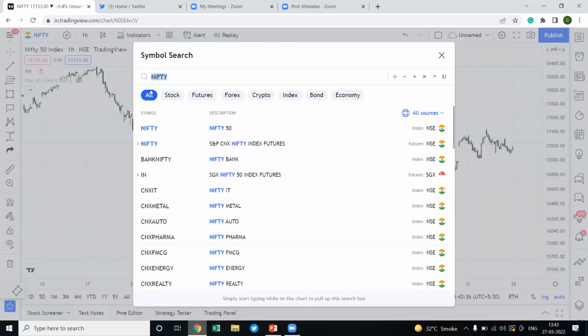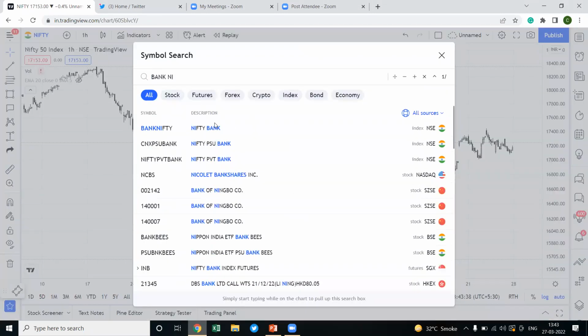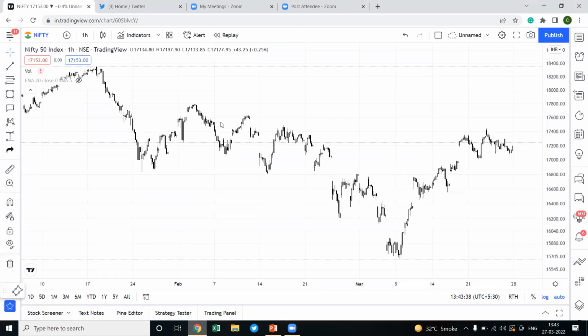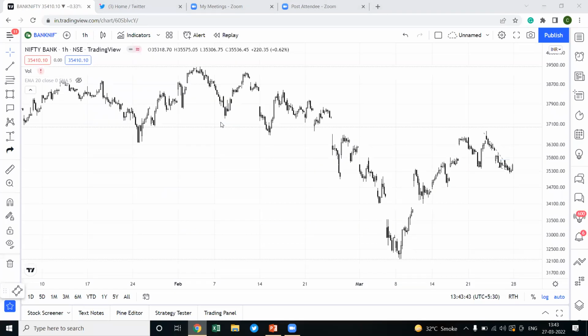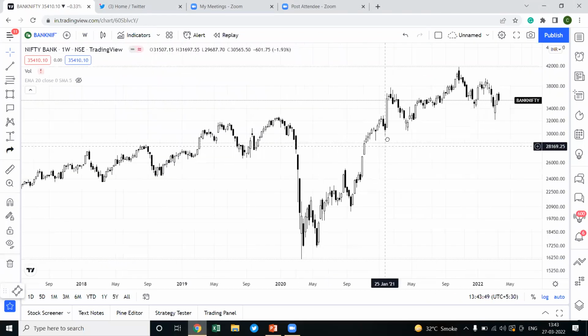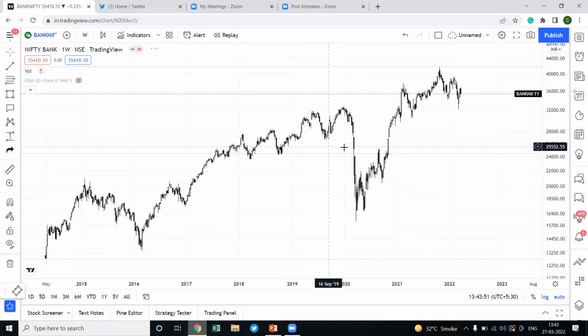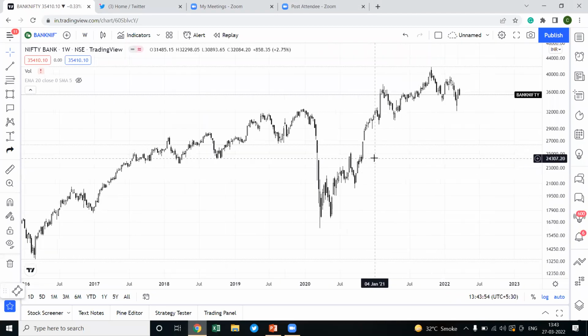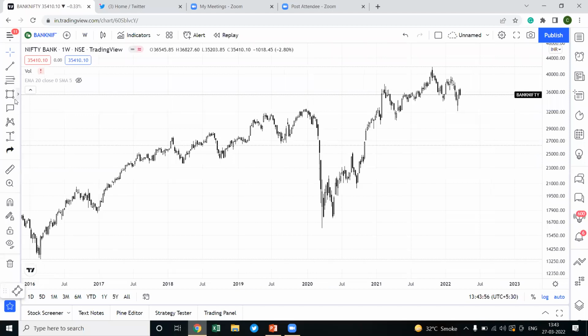Okay, so this is the chart of Nifty. We'll go to Bank Nifty as well. We'll first look at the weekly chart of Bank Nifty. As we can see over here as well, the primary trend of Bank Nifty is an uptrend, and it is continuously moving higher.